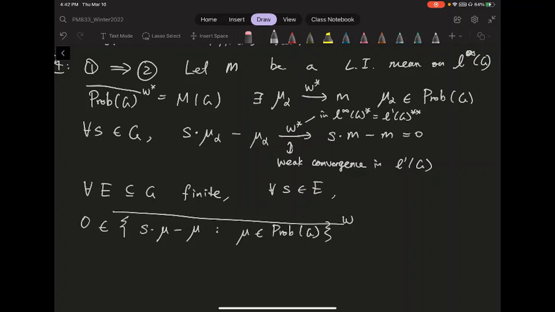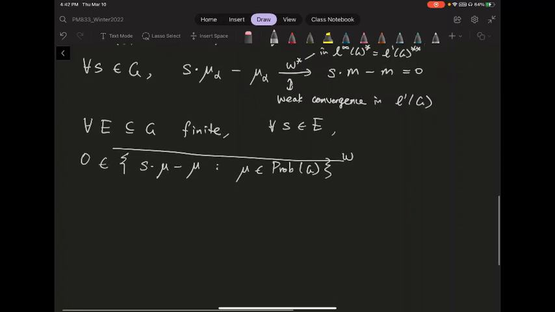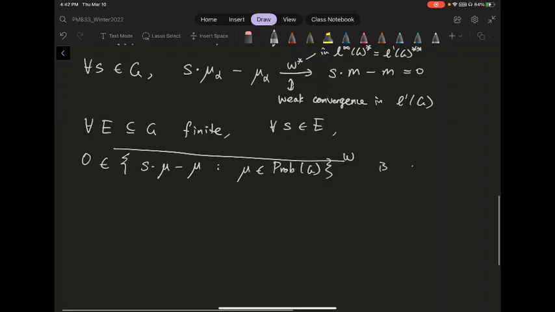So 0 is certainly inside this weak closure. The right-hand side is also convex, so by the Hahn-Banach theorem, whenever you have something convex, the weak closure coincides with the norm closure. So this is also the norm closure of these translations. They're the same.